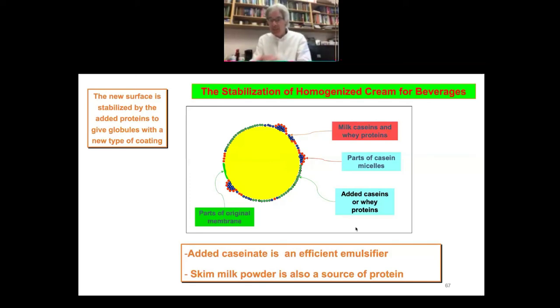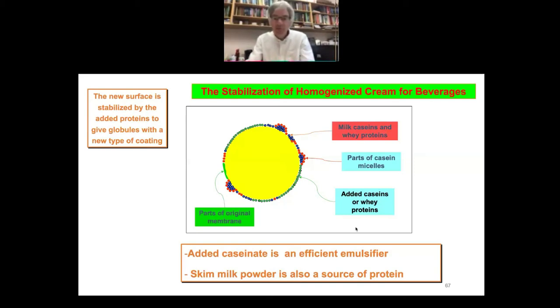And if protein becomes limiting, as I've showed you earlier, you're either going to get recoalescence very quickly within the homogenizing valve itself, or you're going to get bridging flocculation. And both of those would lead to instability. So as soon as we start getting up into the range of emulsions where we have greater than 20% oil phase, then we have to start becoming concerned about having sufficient protein to stabilize that.